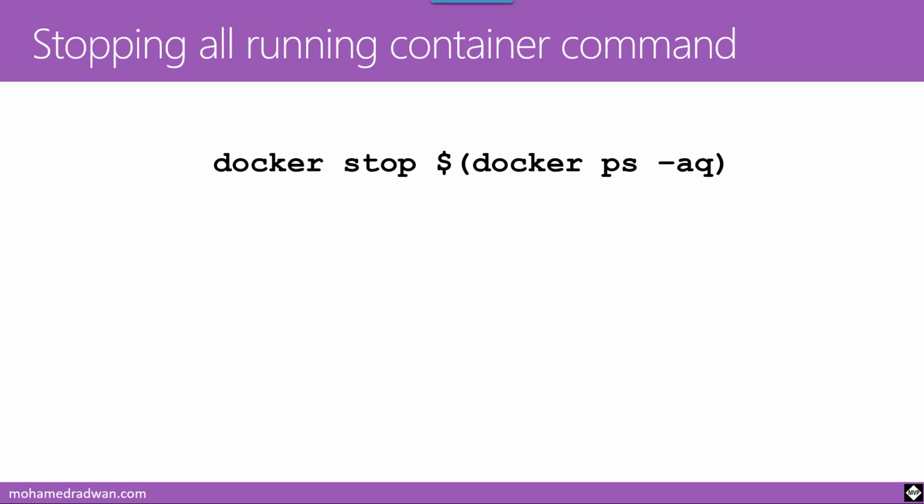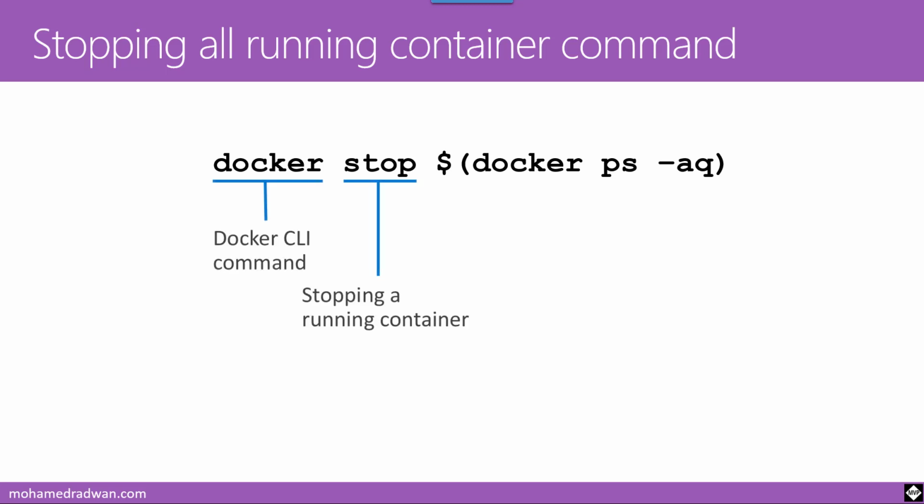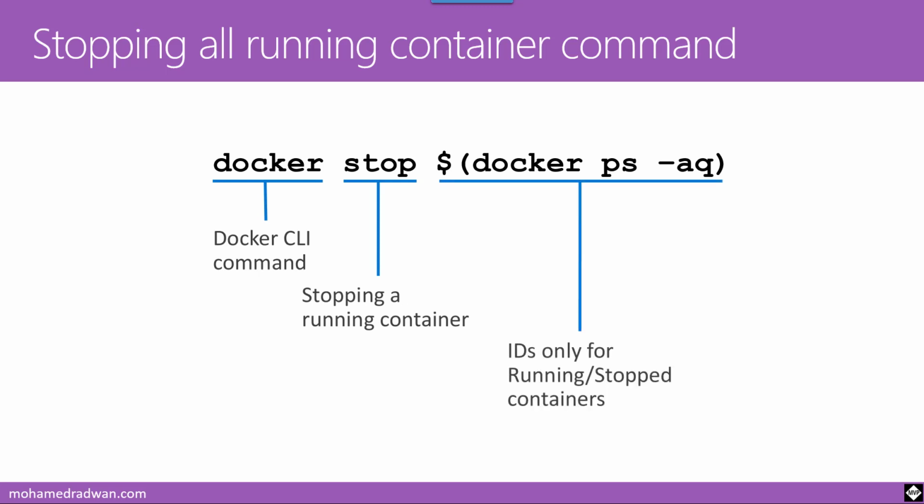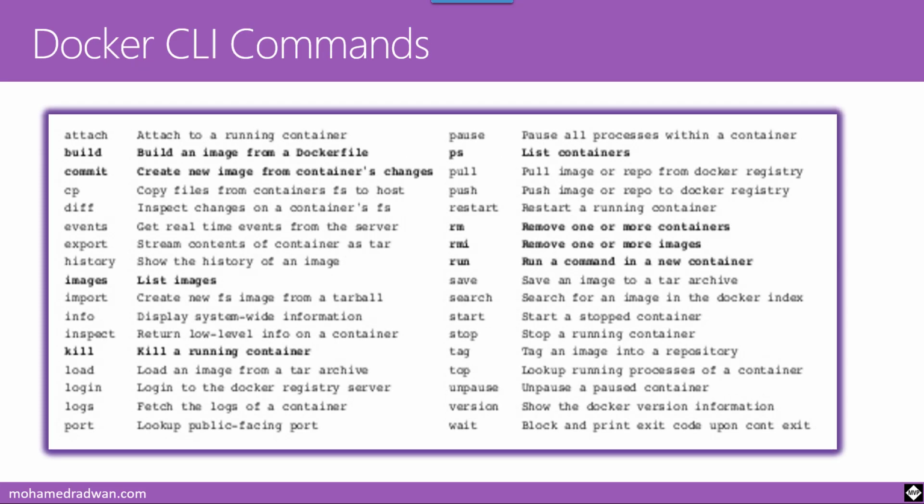So if I have 20 running containers, this will be retrieved in this variable, and the stop command will execute or stop all of them. So this is the CLI, this is the stop command, and this command will retrieve only the IDs for running and stopped containers.